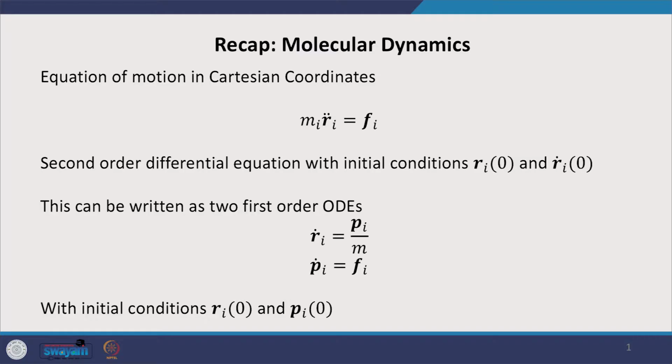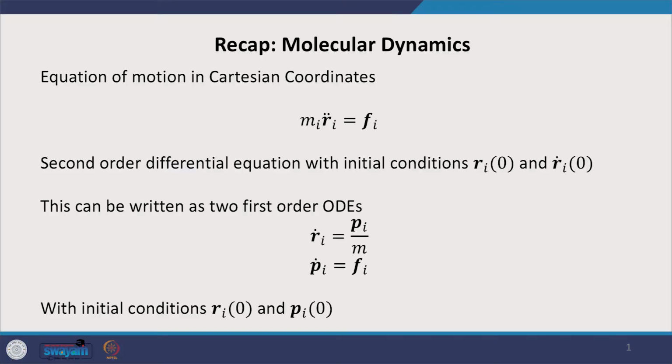So as we have set out in the last lecture, we can write the equation of motion in Cartesian coordinates for molecular dynamics as the following. Where Ri double dot is the acceleration, the second derivative of position of particles with respect to time. And this equation itself is a second order differential equation.